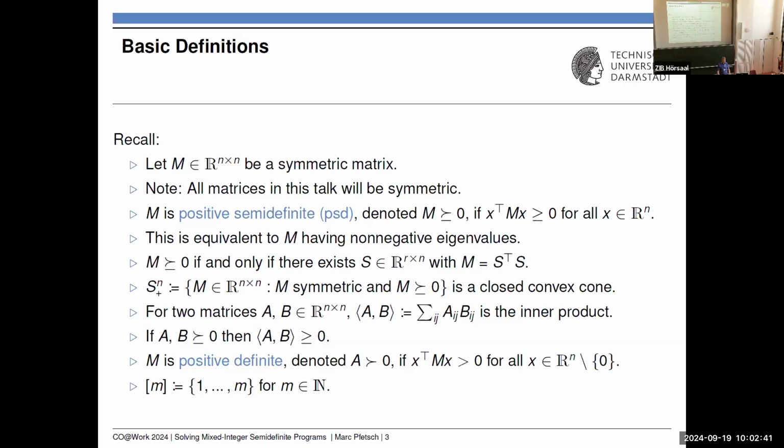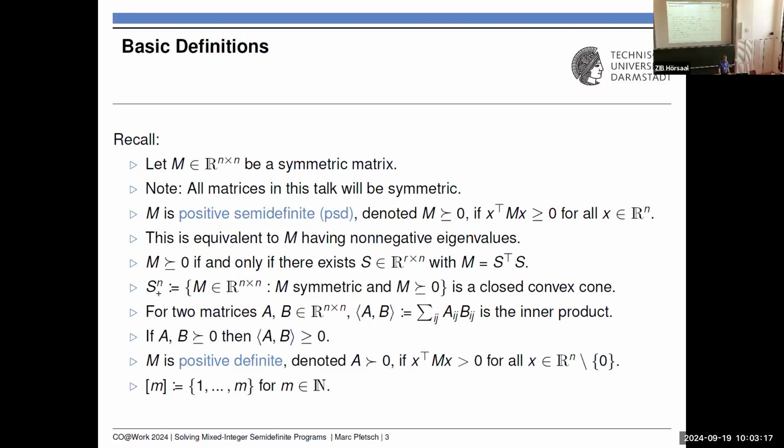This is equivalent to M having all non-negative eigenvalues. The matrix is symmetric, so all eigenvalues are real, and if they are all non-negative, then it's positive semi-definite. You can also characterize it by a factorization into S transpose S with some matrix S, r times n, where r is the rank of M. If you can write it like that, then it's also positive semi-definite.